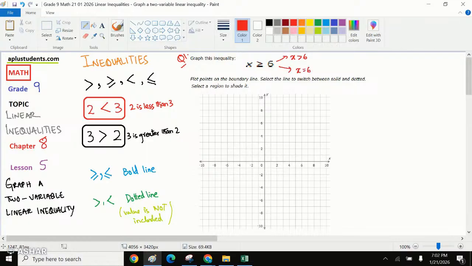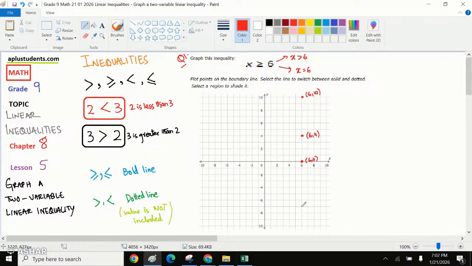Whenever we have x equal to 6, can we say that at this point x would be 6, right? That means at this point the coordinate is (6, 0). If I move up to any other point, can I say this is (6, 4)? Let's go here. Can we say this is (6, 10)?